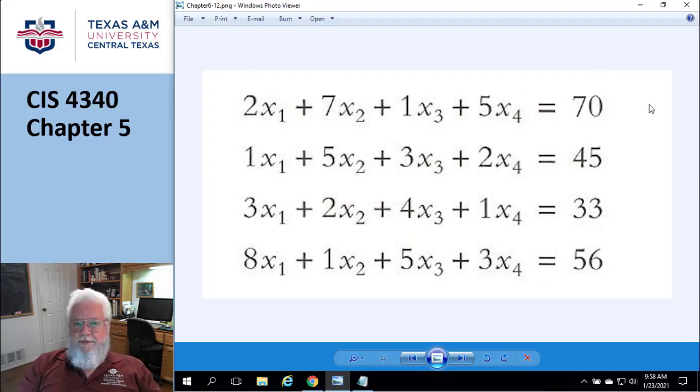Okay, so we're after solving for these things. Now, to be complete, the linear equation has to have the same number of examples, rows in this case, as terms. If I was hunting for 5 terms, I'd have to have 5 rows of data. If I was hunting for 18 terms, I'd have to have 18 rows of data. Now, in numerical equation world, you could have more than that, but we're not going to do that.